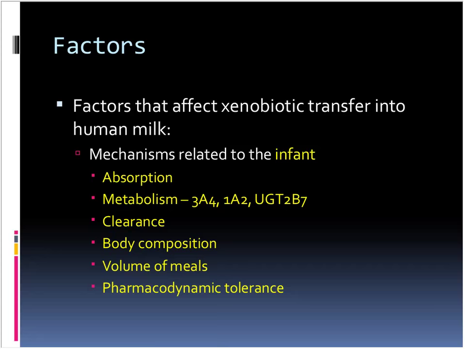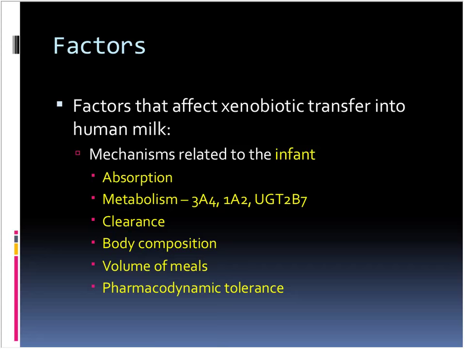And so certain medications that an infant might be exposed to that are metabolized by these may have decreased clearance and may accumulate over time. And certainly several of the opioids are on that list: morphine, oxycodone, hydrocodone, methadone, buprenorphine, all metabolized by these enzymes. Clearance is also reduced after birth and takes several months to increase.